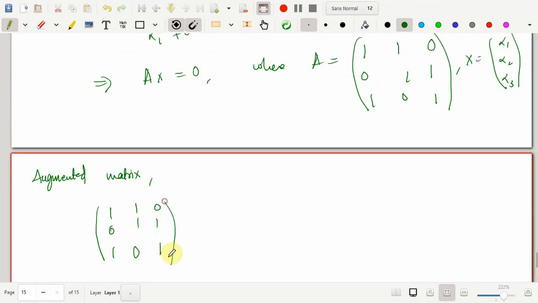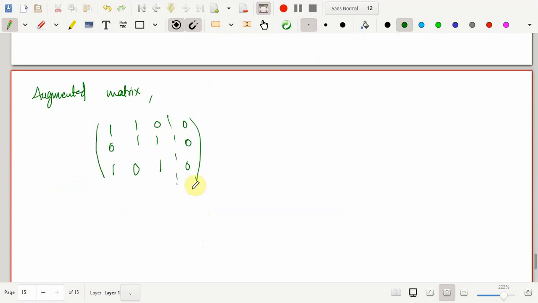So let's recollect the conclusion of the Gaussian elimination method for the homogeneous system. If this system has a free variable, then the given system has a non-trivial solution. If we do not have a free variable, then it's going to have a unique trivial solution, that is 0 is the only solution. So let's check for this.